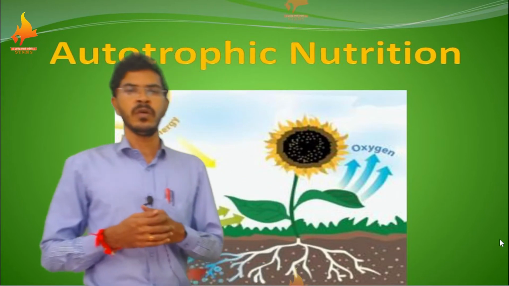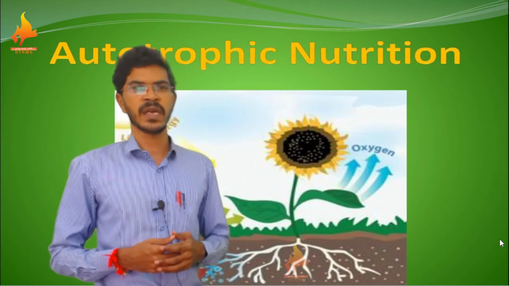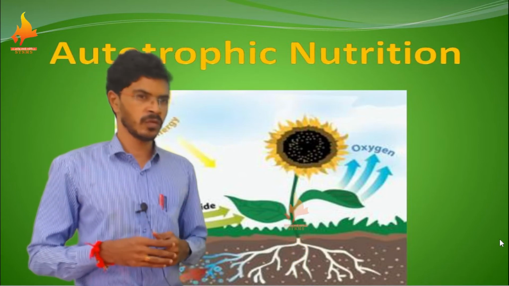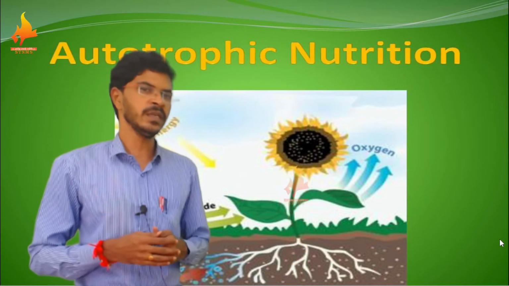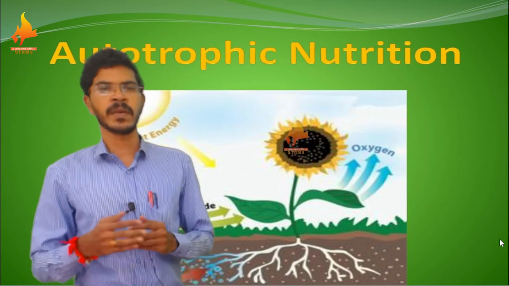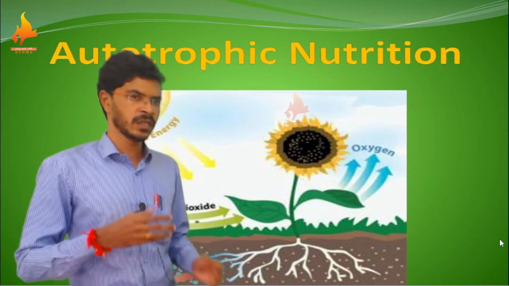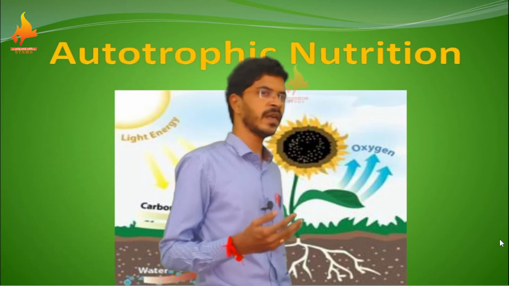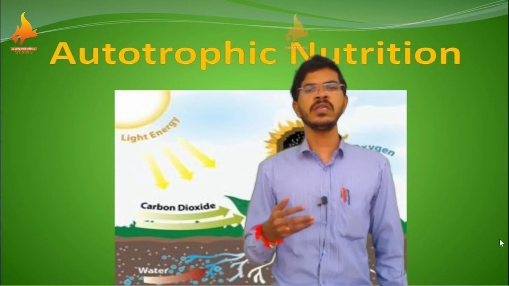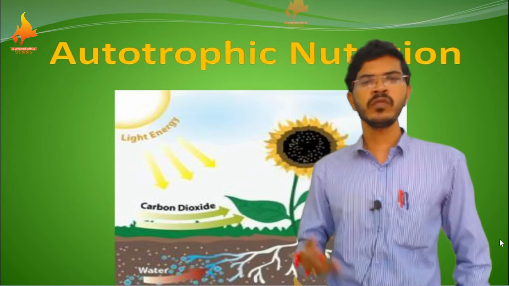So, plants are the only living organisms on the earth which can produce their own food. Along with the algae, they produce food in the water, and plants produce food on the land. They are known as the producers, because of their ability to produce their own food.